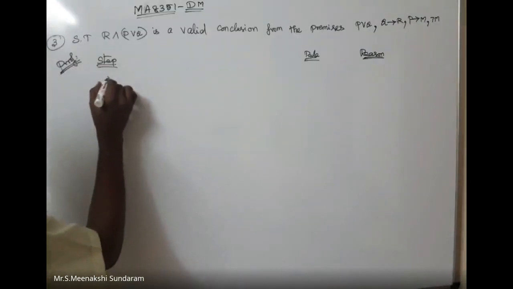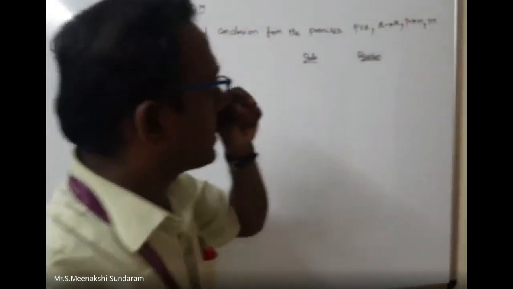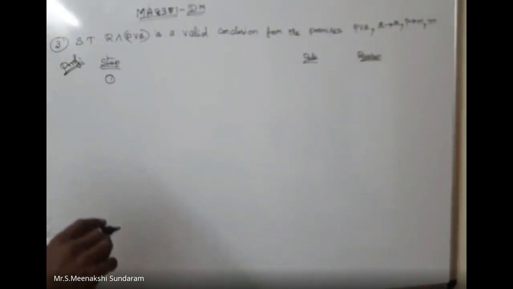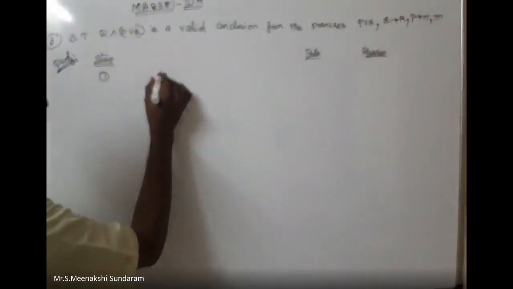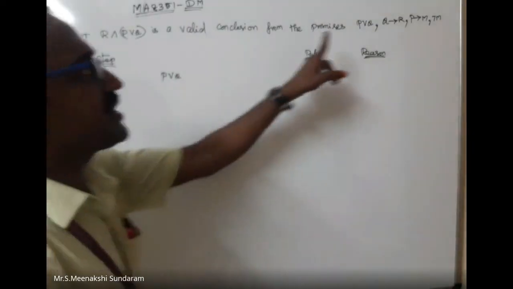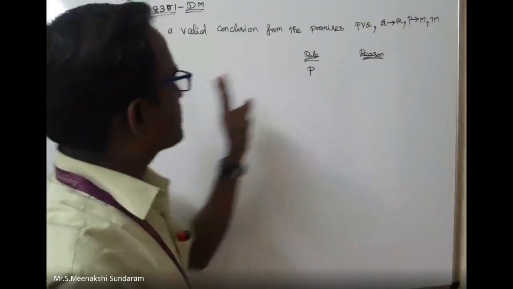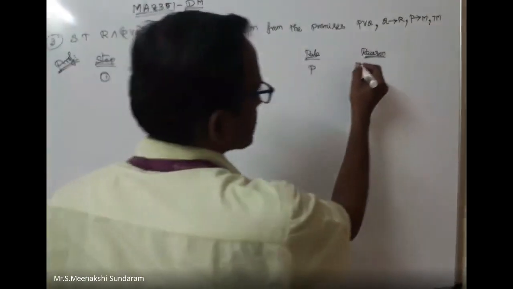So I can write the first step. Take any premise. There are 4 premises. I like to take P disjunction Q. The first one is not a condition; you can take any one, the second one also, to start. So this is a given premise.